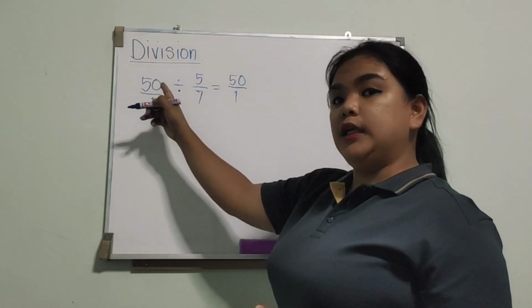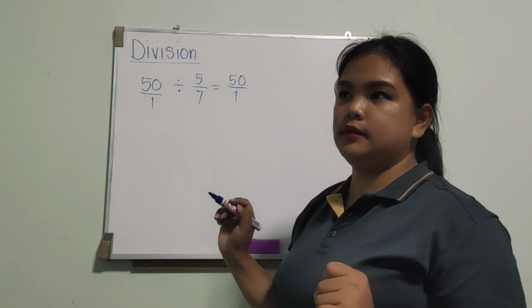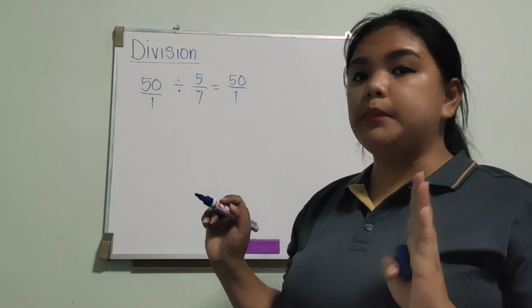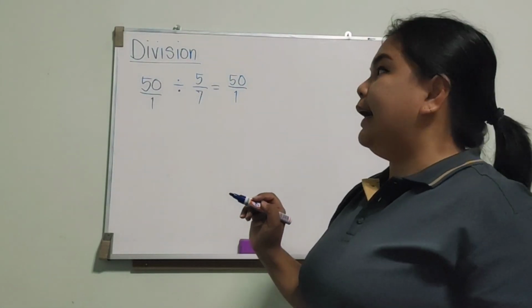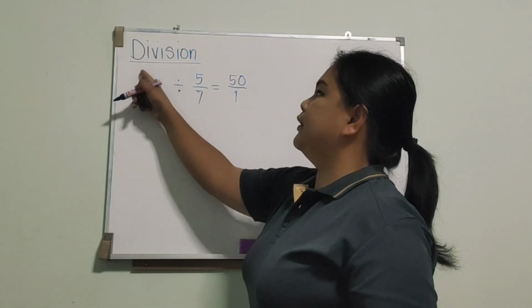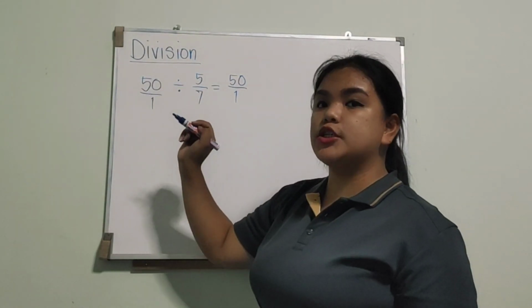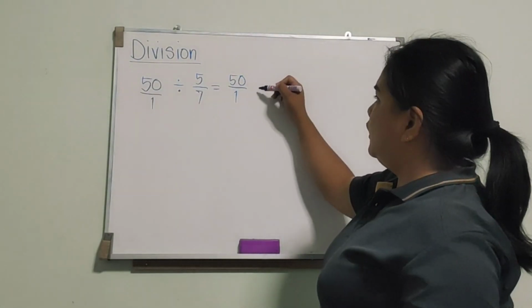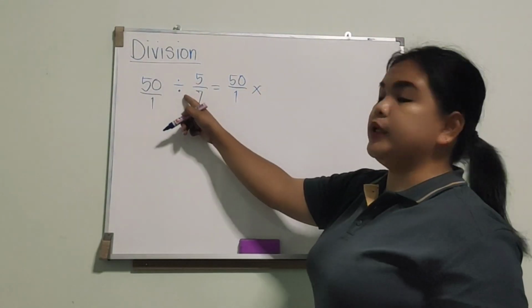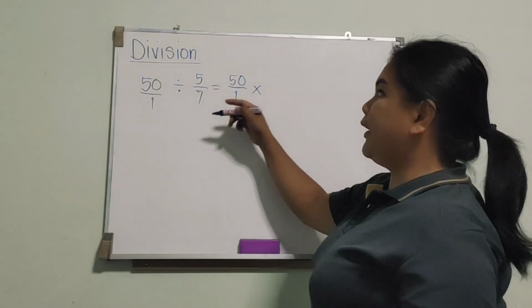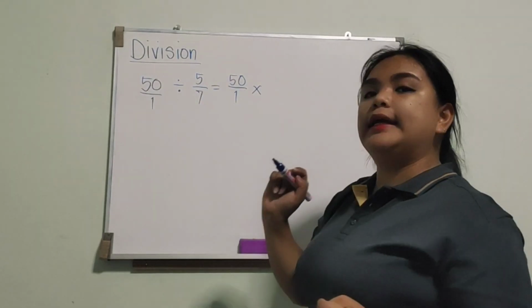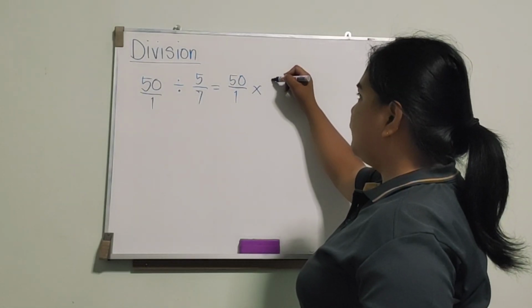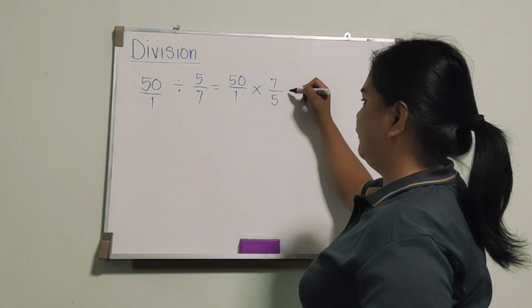If 50 is a whole number, you always write a denominator of 1. Then just copy the first number, which is 50 over 1, times, because we need to change into multiplication. And then get the reciprocal of the second number, so it will be 7 over 5.